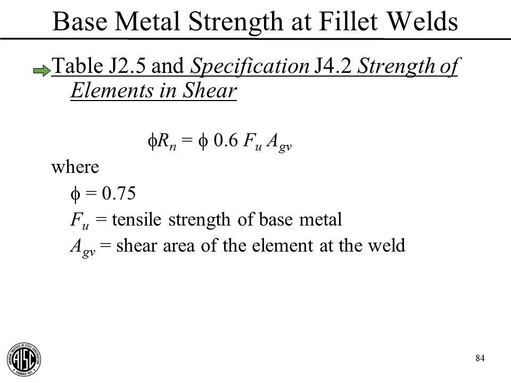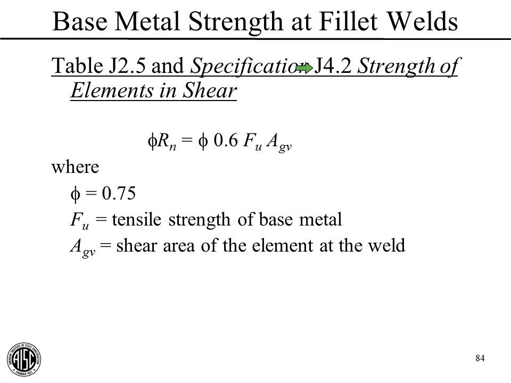Now, not only do we have to check the weld strength, we must also check the base metal strength at the fillet weld. Now, to find the provisions for this, we first go to table J2.5 in the spec, and it points us to section J4 for the base metal strength.